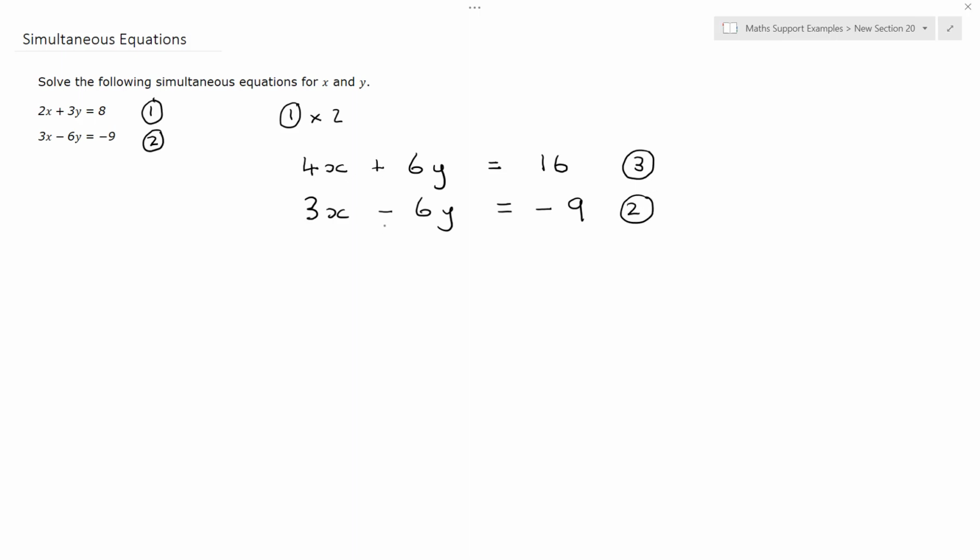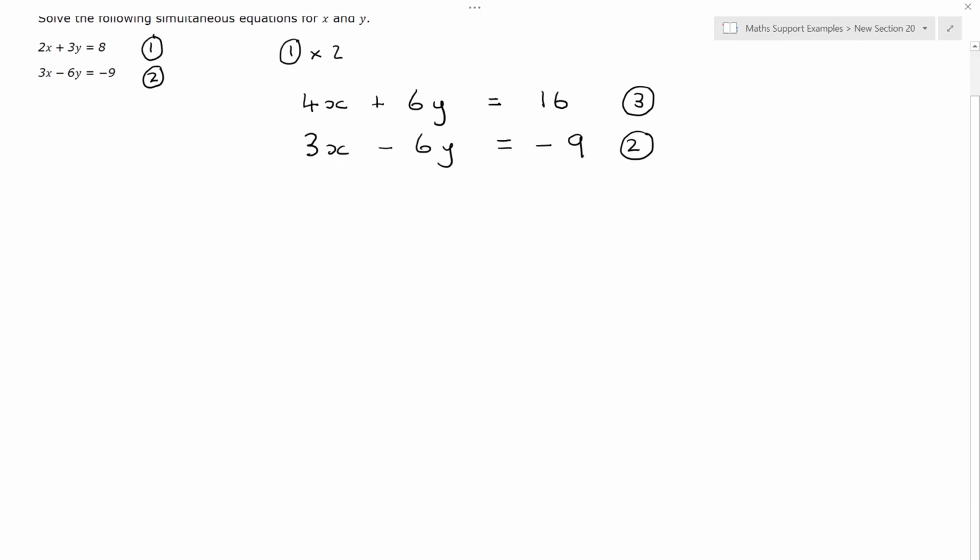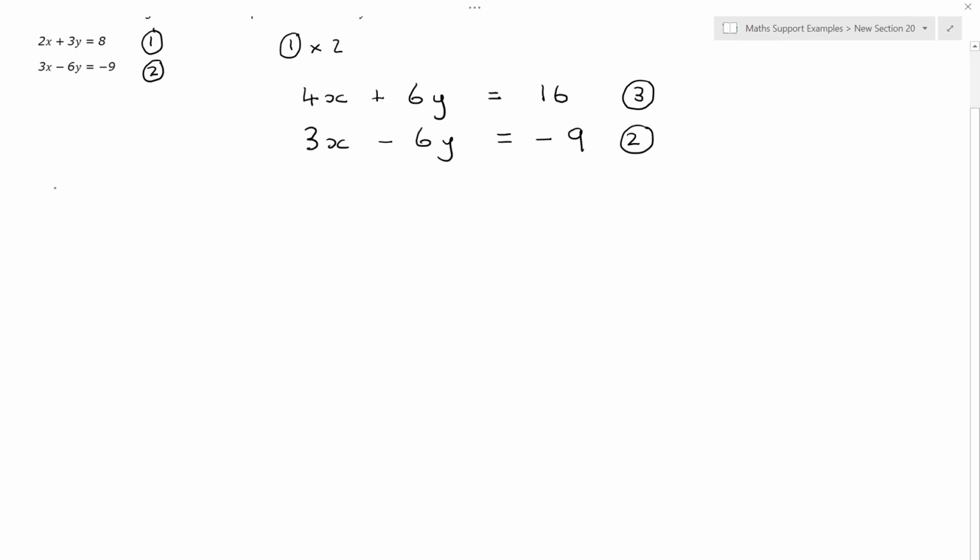Now, as I said, ignoring the signs, we've now got the same coefficient for y. And now we either need to add the equations together or subtract the equations to eliminate, in this case, the unknown y, leaving us with just an equation in terms of x. When we have different signs on our coefficient, as we've got here, a plus 6y and a minus 6y, we add our two equations together.